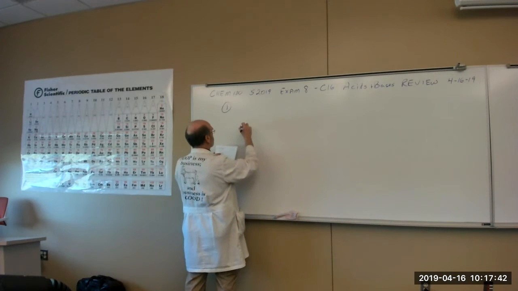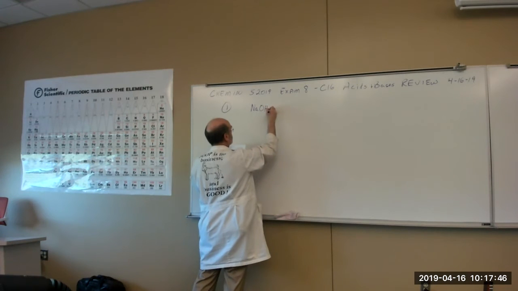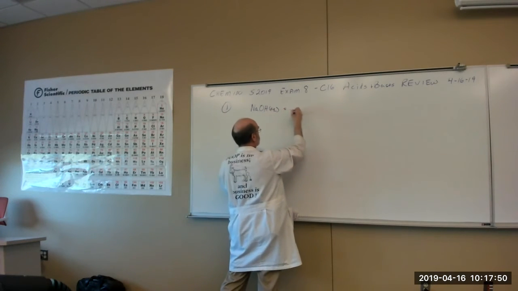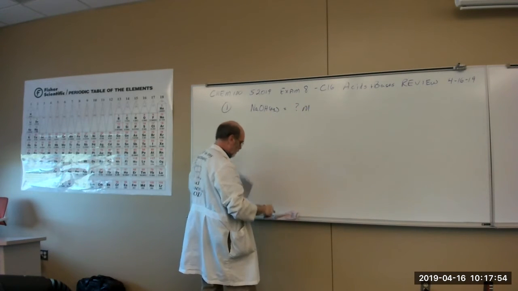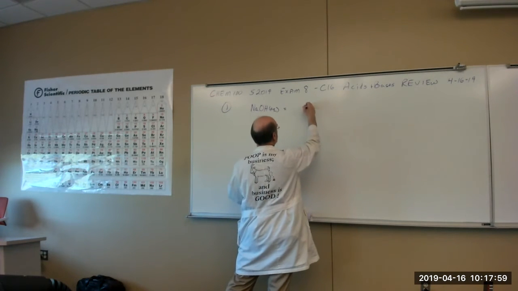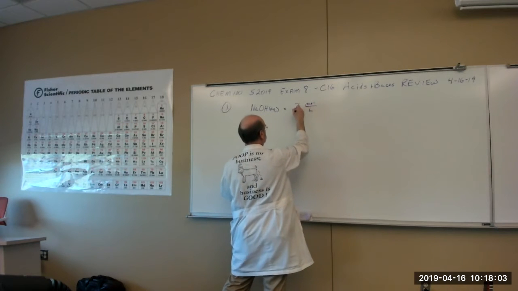Okay, so what do we get? Well, we want a solution of sodium hydroxide, and we want to know the molarity. Now, we want to know the moles, excuse me. Well, actually, the molarity. We want to know moles per liter. So that's molarity.